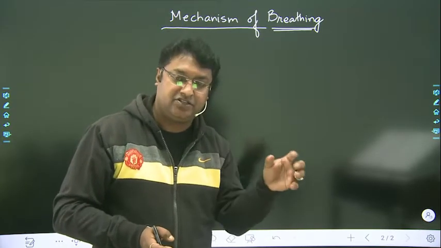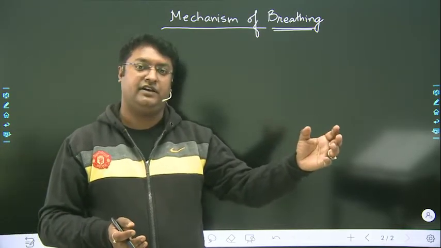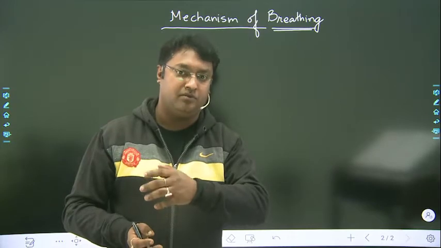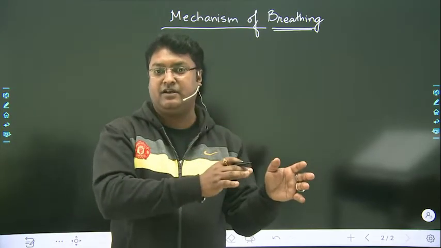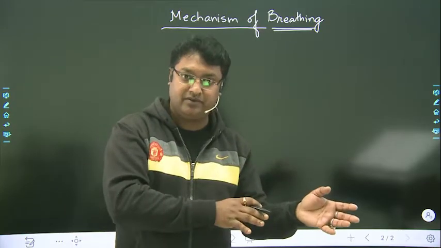So there will be an exchange of gases from the atmospheric air into our body and vice versa. That is, gases will be released from inside the body to outside.